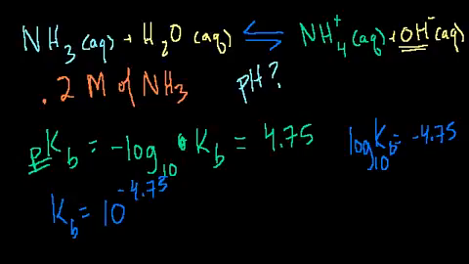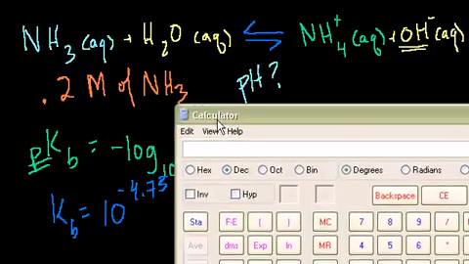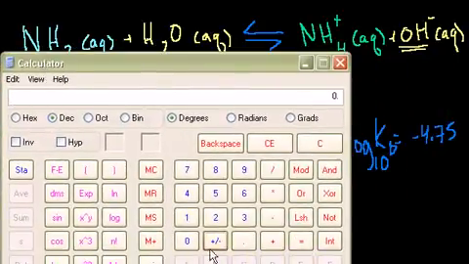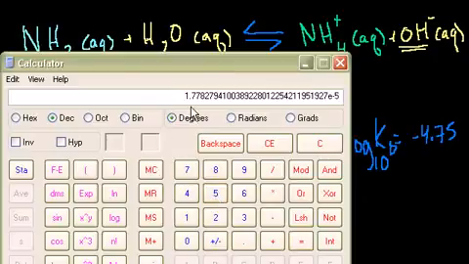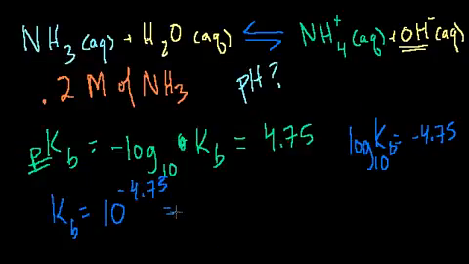That's not an easy exponent to figure out in your head, so I'll bring out the calculator for that. 10 to the minus 4.75 equals 1.7, let's just say 1.8 times 10 to the negative 5. This is equal to 1.8 times 10 to the minus 5.